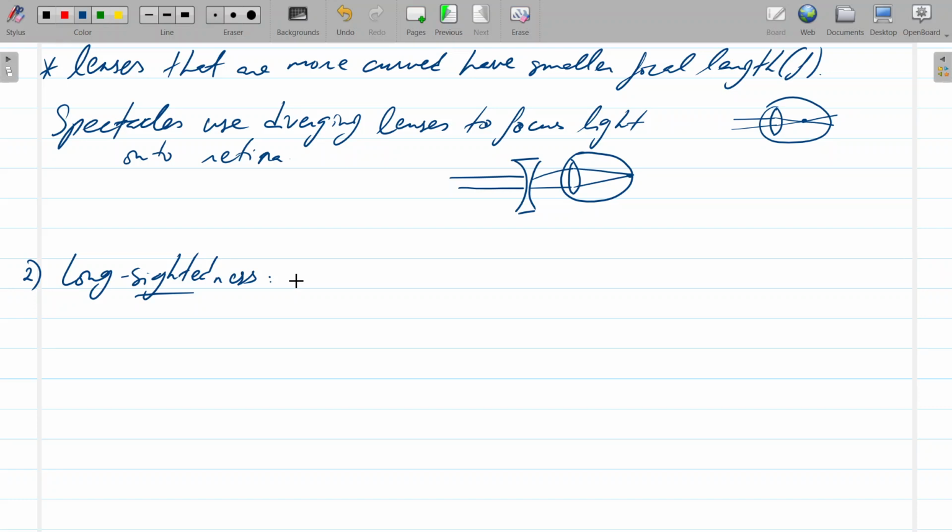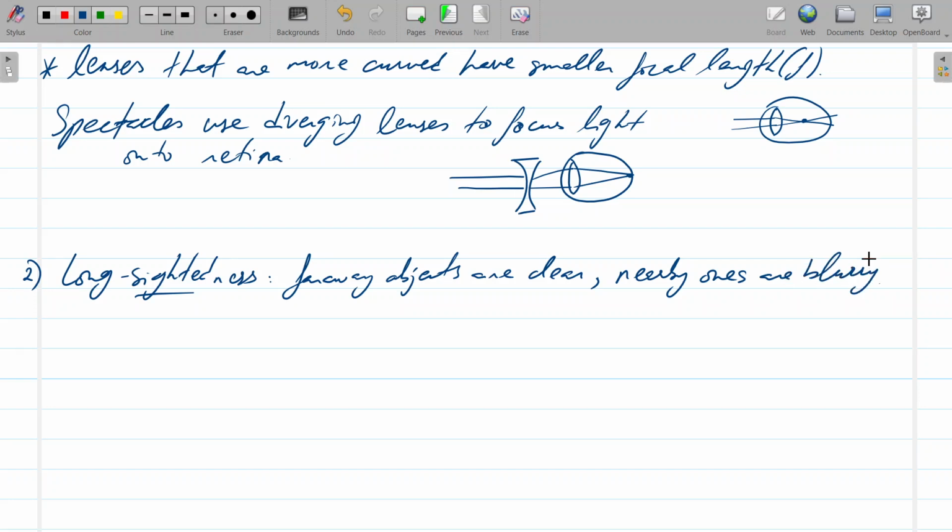Far away objects are clear, whereas nearby ones are blurry. Right, and that's when people get the reading glasses. So it's something that happens at older ages, not necessarily at a younger age.